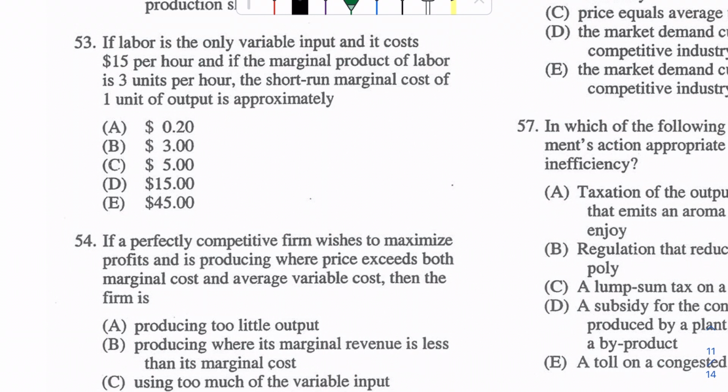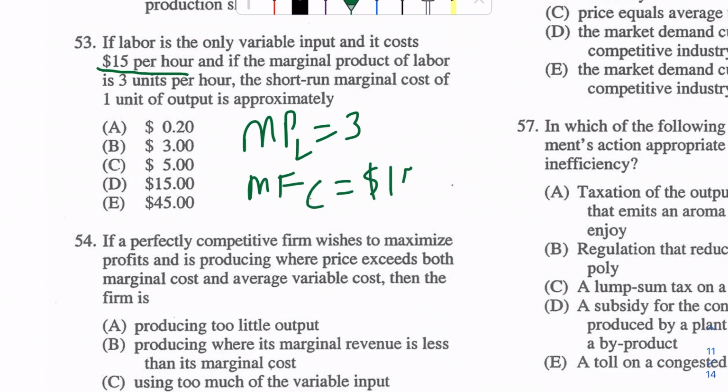So what we need to do here is we need to take a look at your marginal revenue product, I'm sorry, you need to take a look at your marginal product of labor, which is 3, and then you need to take a look at your marginal factor cost, which is 15, okay, and then your marginal cost of 1 unit is what? So we don't know the marginal cost.